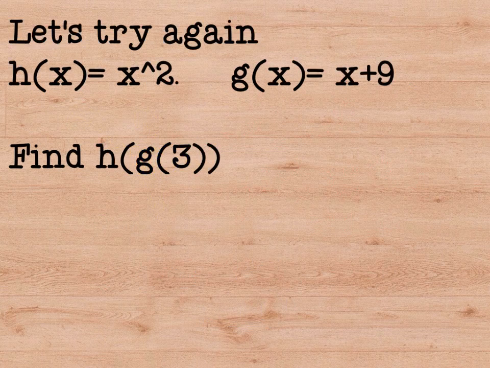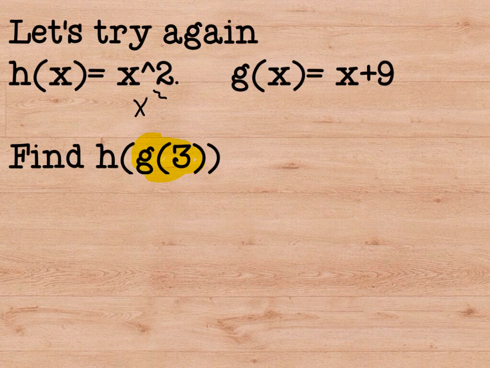Let's try one more. h of x equals x to the second power. g of x equals x plus 9. Let's find h of g of 3. Remember, we want to start from the inside out, so I'm going to start here.